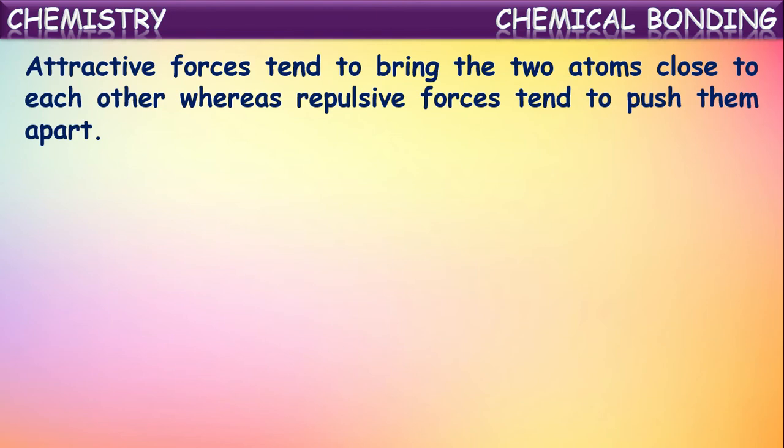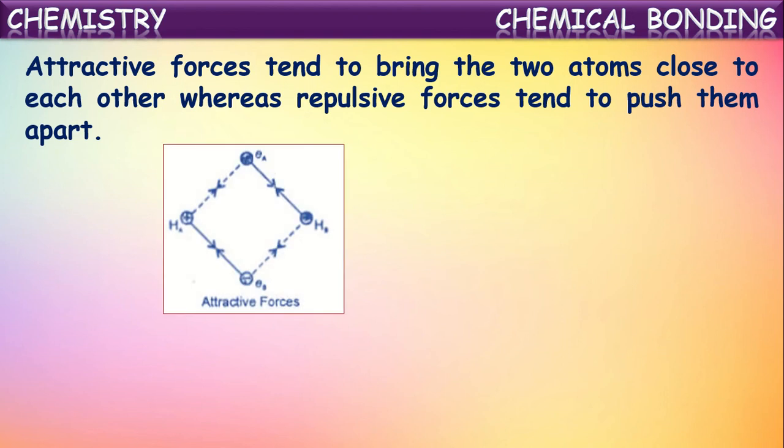Now, attractive forces tend to bring the atoms close to each other, whereas repulsive forces tend to push them apart. These attractive forces will tend to keep those atoms together. What are those attractive forces?